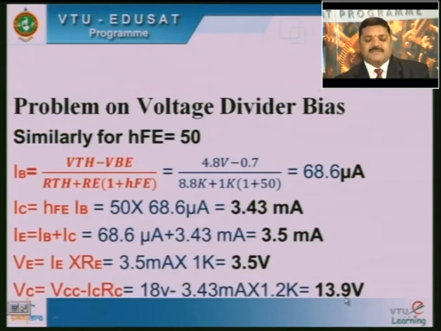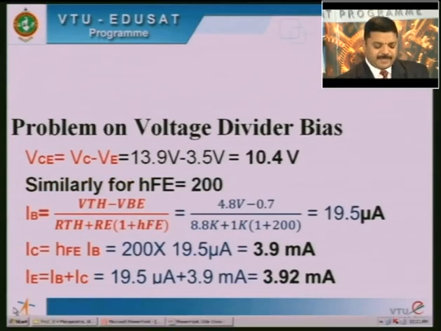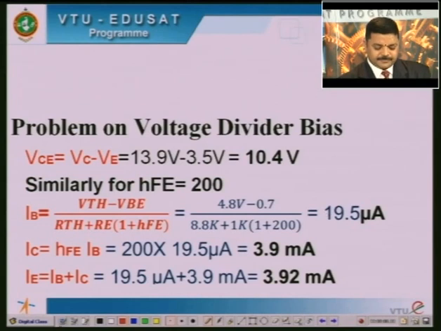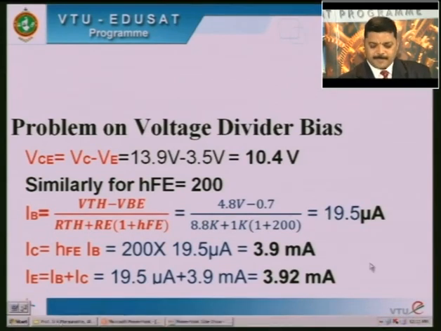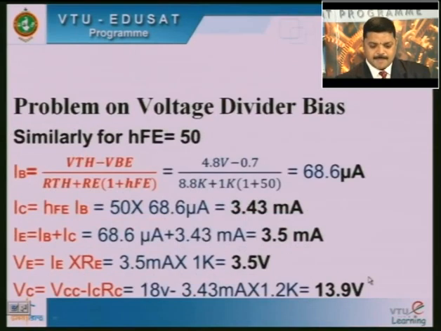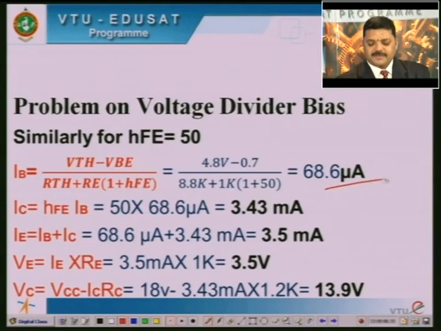Next, similarly, for HFE equal to 50, IB is found to be 68.6 microamps, IC is 3.43 milliamps, IE is equal to 3.5 milliamps, VE is equal to 3.5 volts, and VC is found to be 13.9 volts.